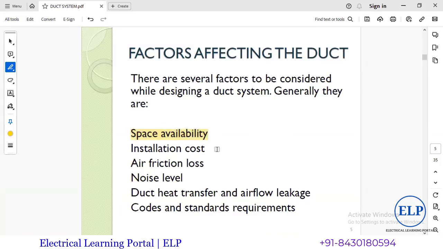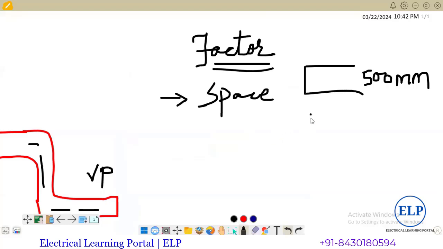Another factor is the installation cost. The meaning of installation cost is this: suppose you are designing a very huge ducting system. I am just saying one example. Suppose one duct size is 500 by 300 and another duct size is 400 by 200.